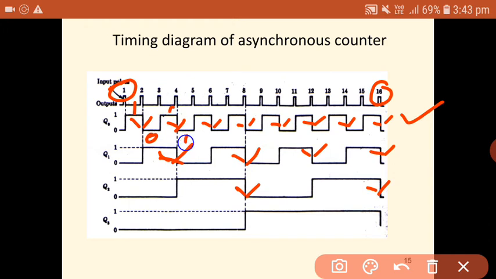Similarly, Q2 changes only when Q1 changes from logic 1 to logic 0, and Q3 changes only when Q2 changes from logic 1 to logic 0. So this is the timing diagram of the asynchronous counter.